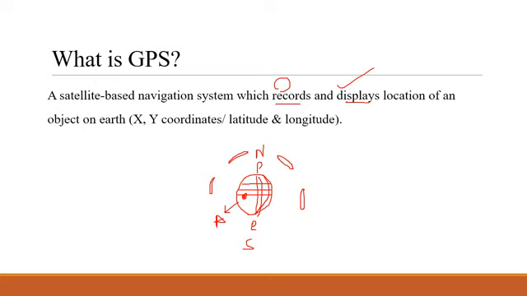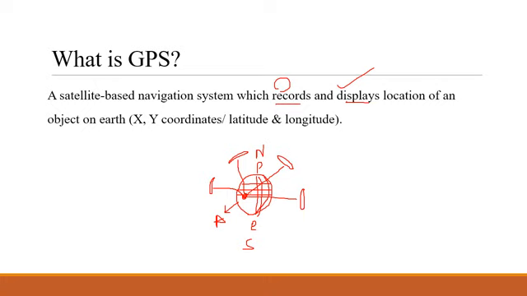If an object, that is object A, lies here, we want to see the location of this object. So how can we see the location of this object? This object can be traced by using a GPS. A GPS is a satellite-based system which records the place of an object.